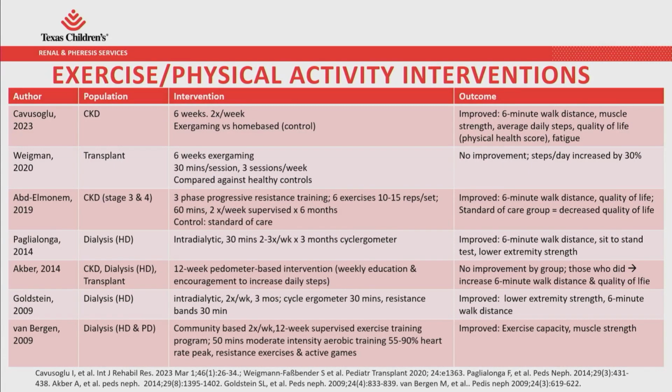And then this 2009 study, I want to highlight that this study was very much more specific than the others, where it was a 2 times per week, 12-week supervised exercise training program to achieve 50 minutes of moderate intensity exercise at a heart rate peak of 55 to 90%, and resistance exercises. And this is the only study that actually showed improvement in exercise capacity or cardiorespiratory fitness.